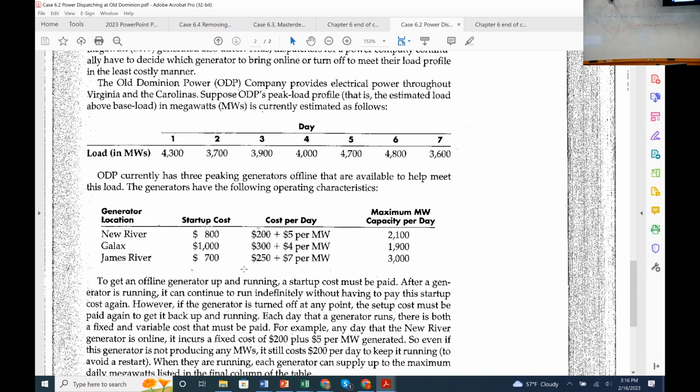All right. Excellent. But we still haven't accounted for the 800, the 1,000, and the 700. So we'll just add Zij, which is equal to 1 if we turn plant I on on day J. That's a horribly awful way of writing an English sentence.